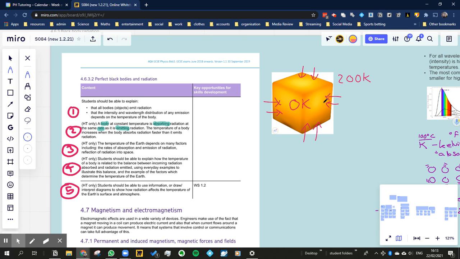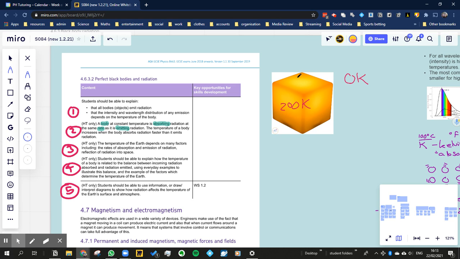Now, if you have it the other way around, let's say we get rid of some of these arrows, and now we have a body at 200 Kelvin in a room of 0 Kelvin.